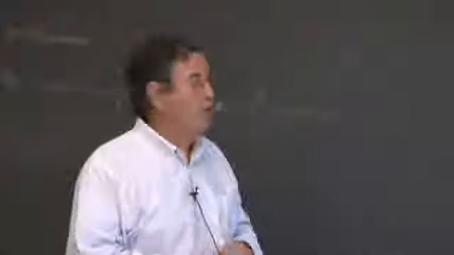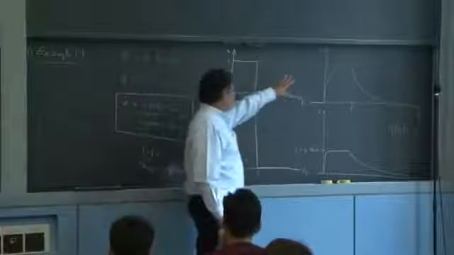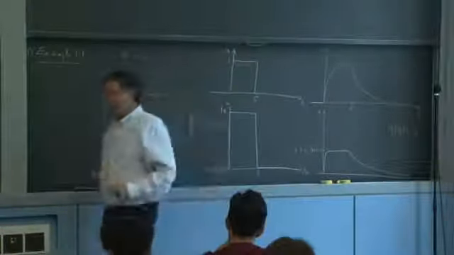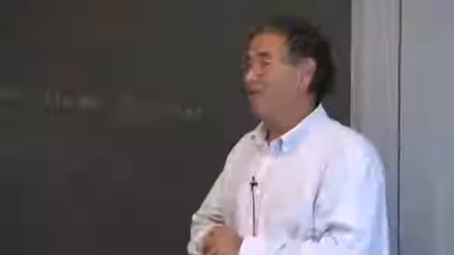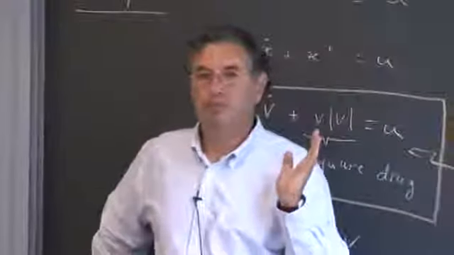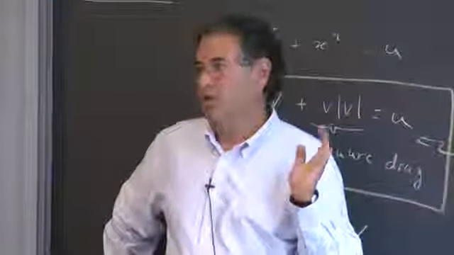It doesn't behave on the way up the same way it does on the way down, because the way down is not the same thing as adding the response to minus u, because you can't add responses. And if you scale the input, you don't scale the response.